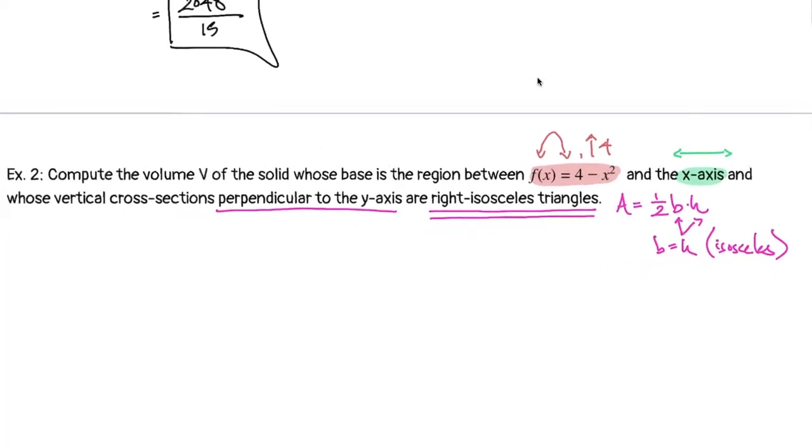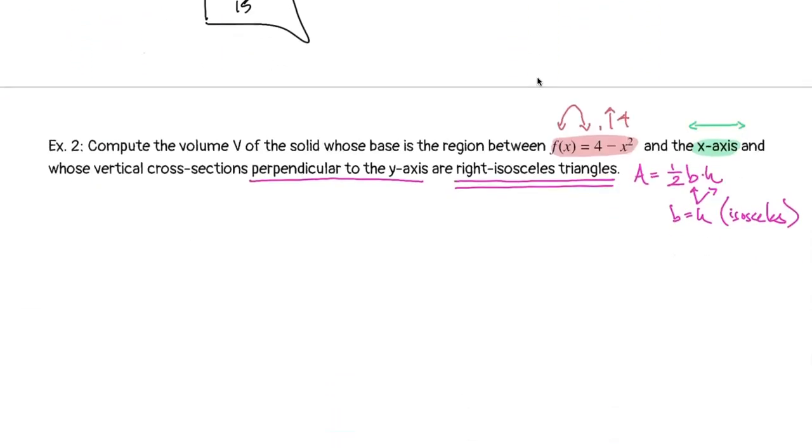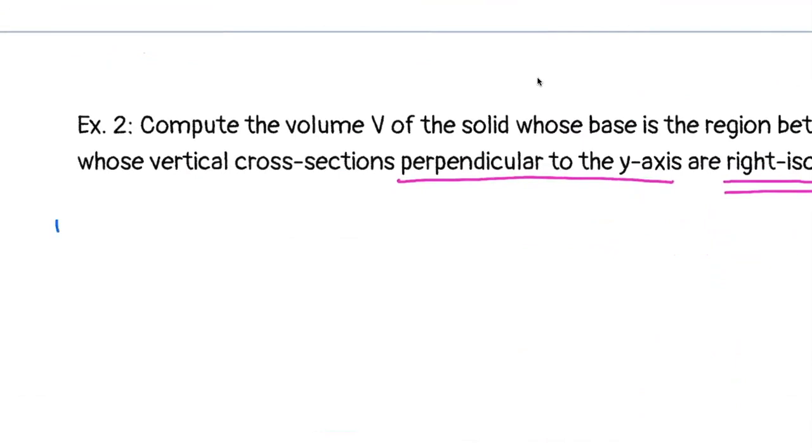Just like we set up the square equation where we said we have the base and the height, but they're the same, we can do that same idea here for our right isosceles triangle. All right, all of that is excellent pre-thinking. Let's go ahead and draw our diagram.